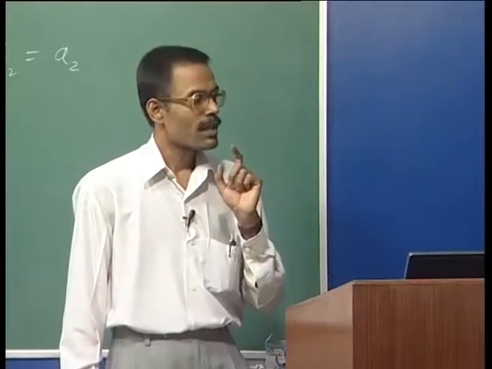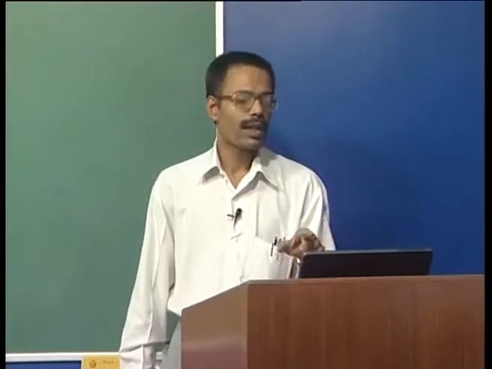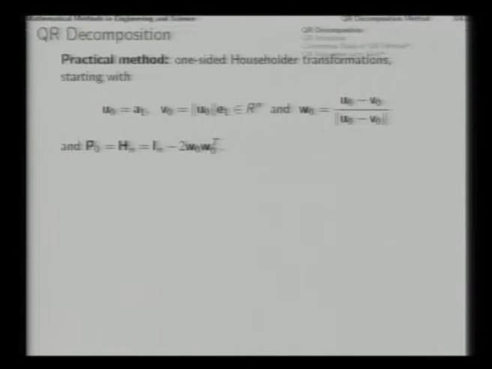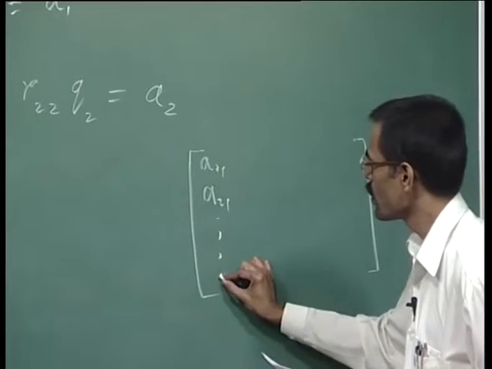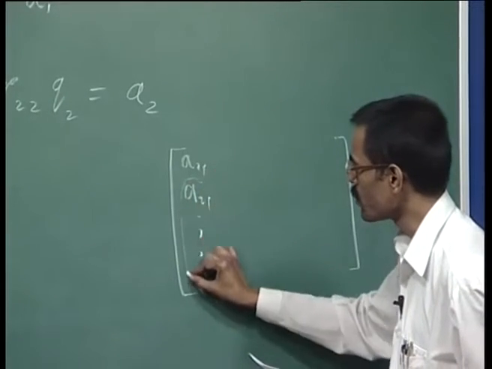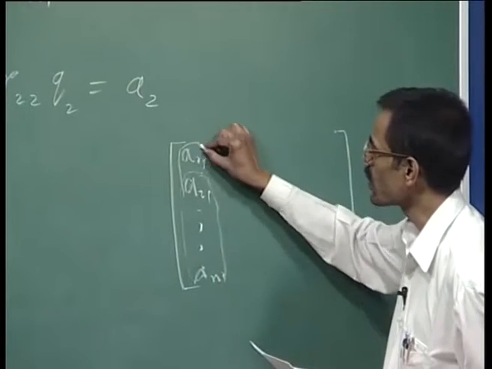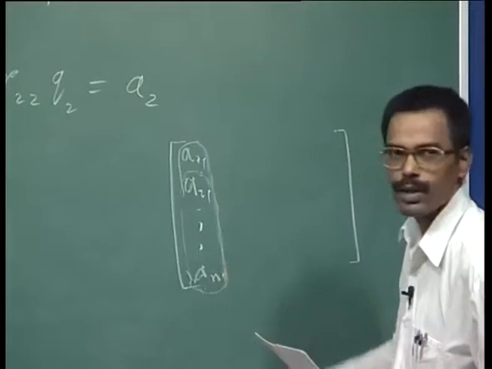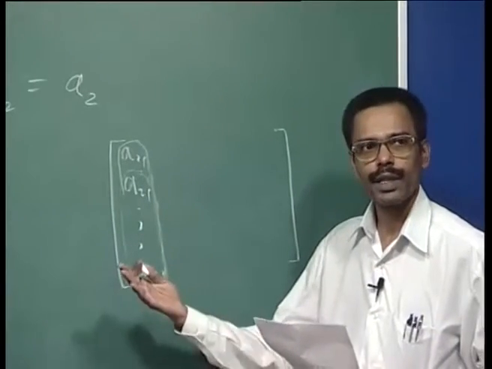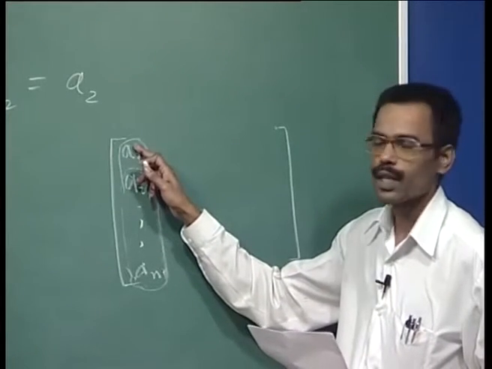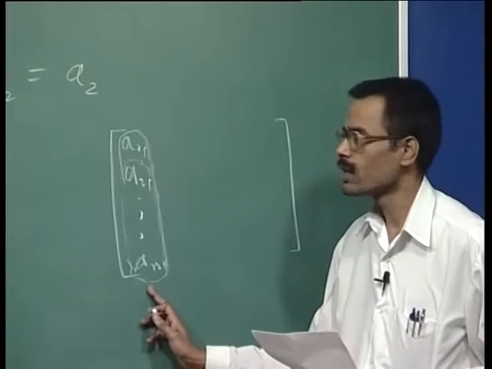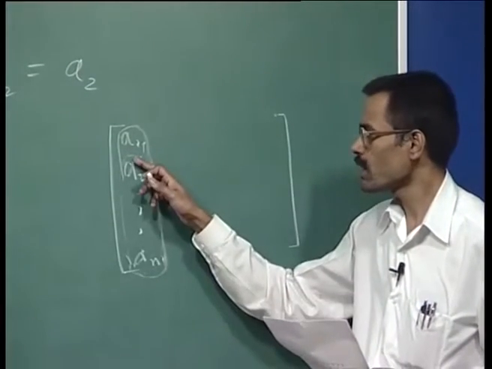This is one point. The second point we arrive at when we consider this situation, that we apply a Householder transformation on a given matrix in which we do not consider this much as U, but we consider this whole thing as U. If we consider this whole thing as U and work out the corresponding V as we did in the previous lecture, then V will have its first entry the same as the norm of this entire vector from top to bottom, and all other entries below that will be 0.